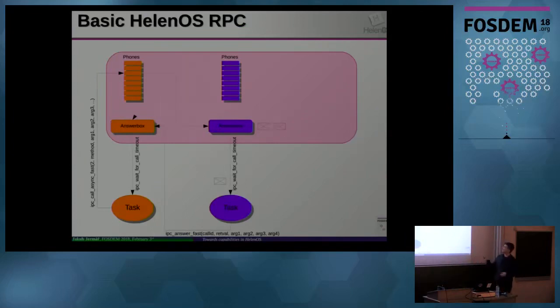In this pink oval, I put all the state which exists in the kernel. We have two tasks. The orange one is the one which starts the communication. It has a set of phones which are basically connections. Some of the phones are connected to other objects that are called answer boxes. The answer box is basically a message queue.